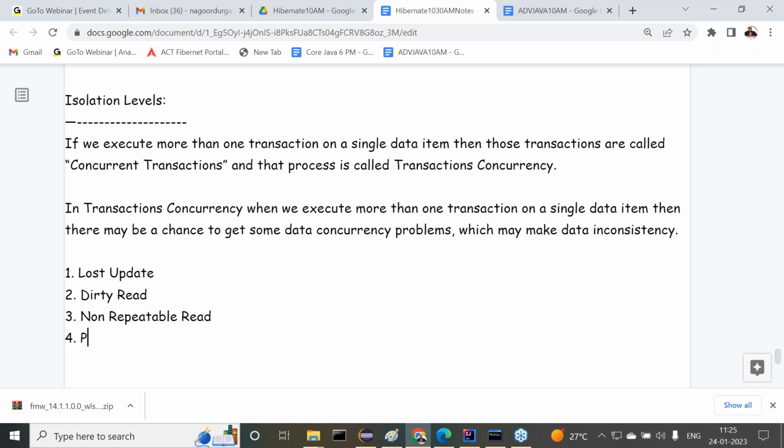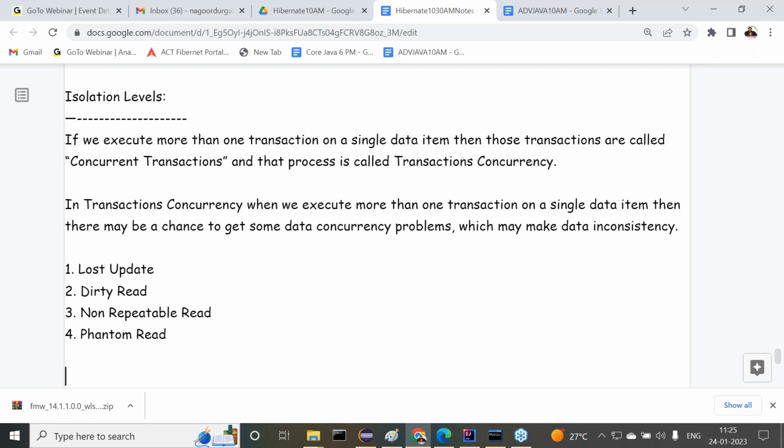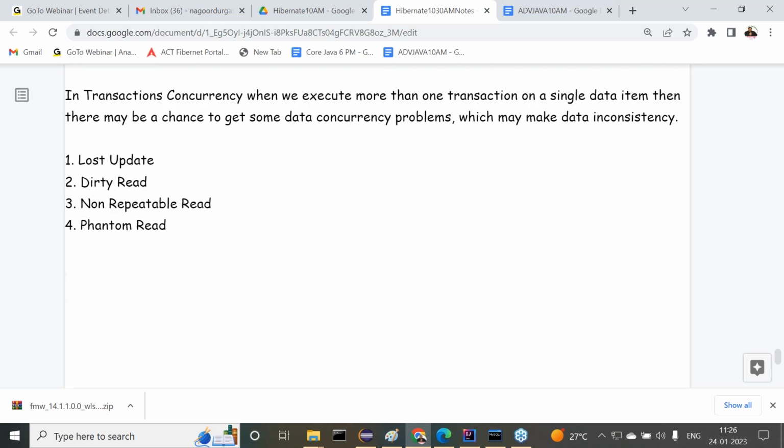Fourth one is the phantom read problem. These four problems we are able to get. Understand, guys? Everybody has to understand it, no?